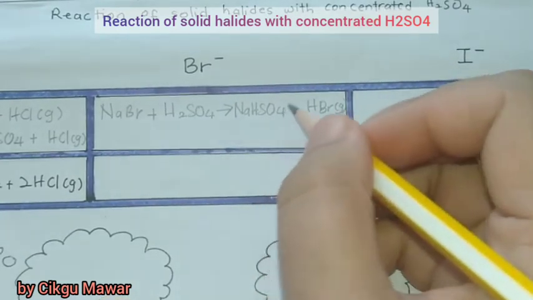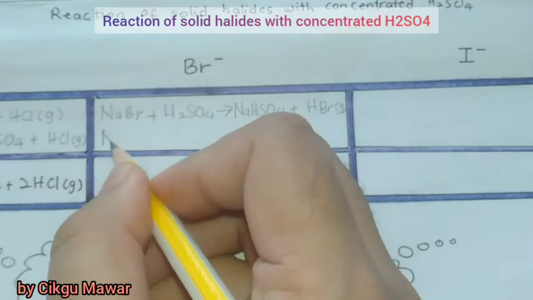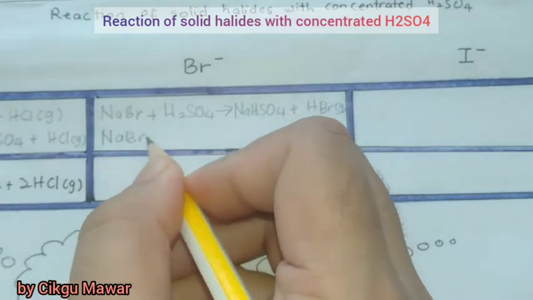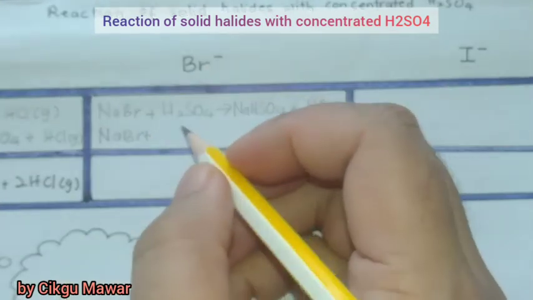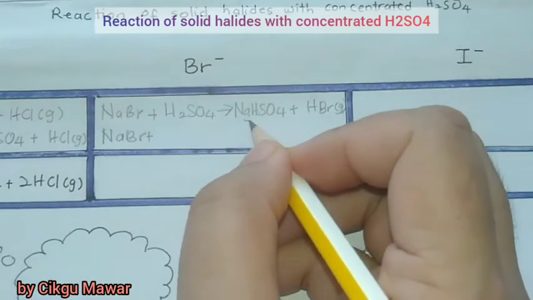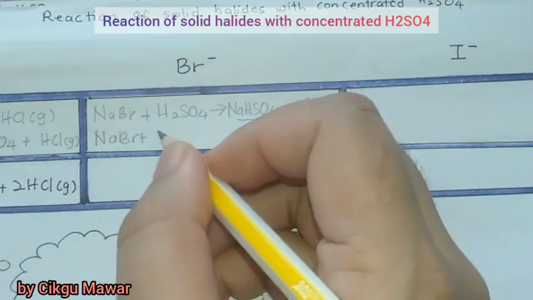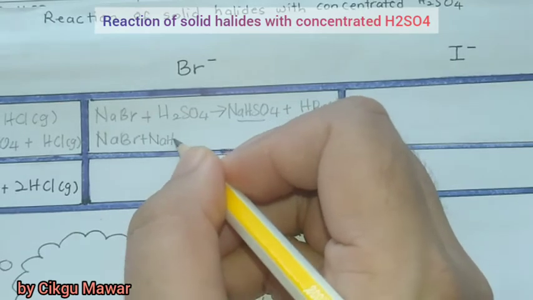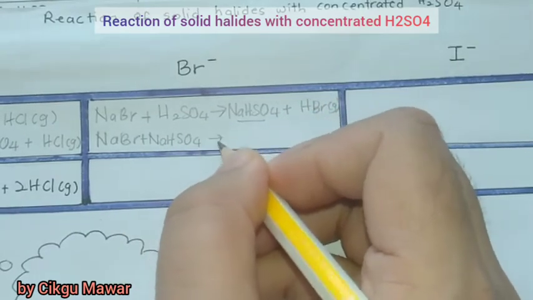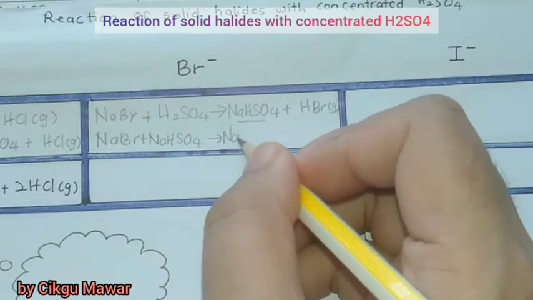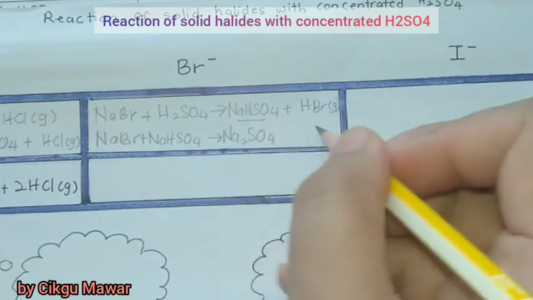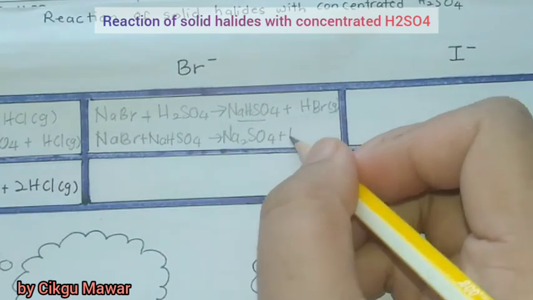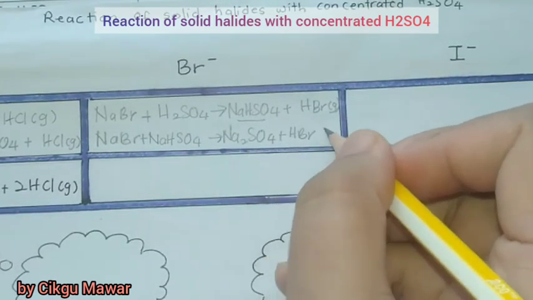Then in the second dissociation, sodium bromide reacts with sodium hydrogen sulfate to form disodium sulfate plus hydrogen bromide gas.